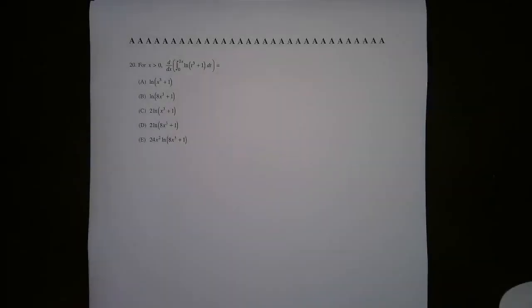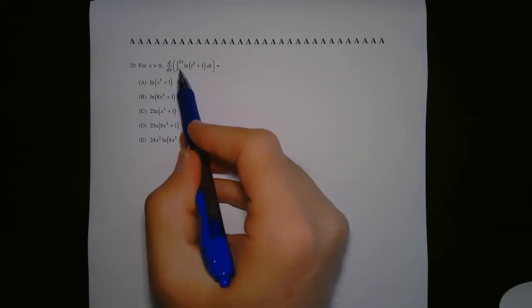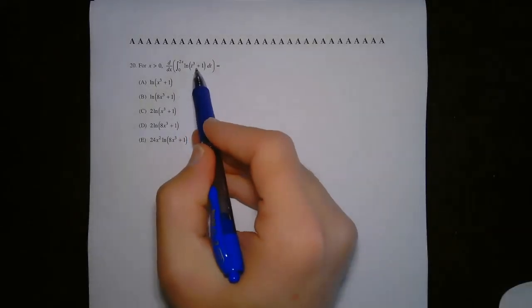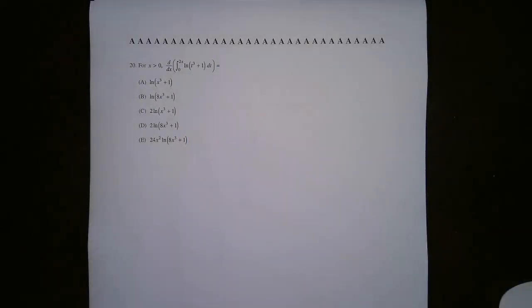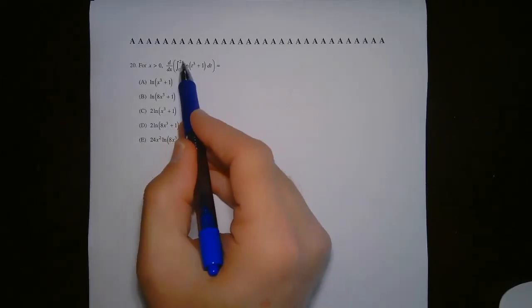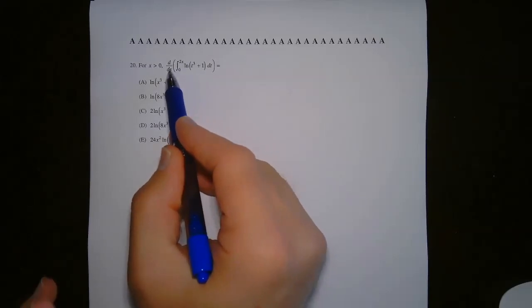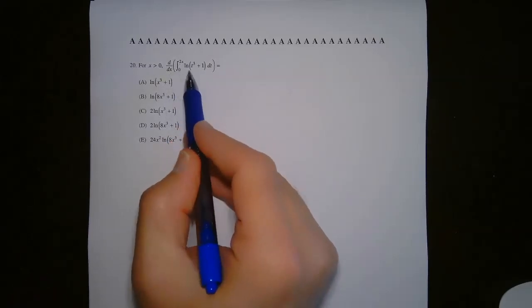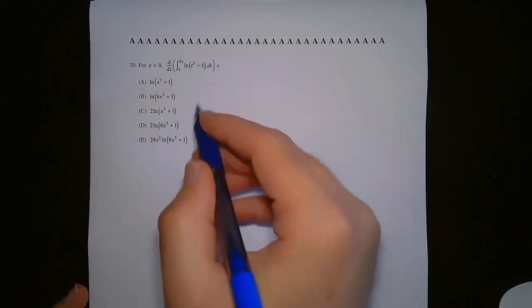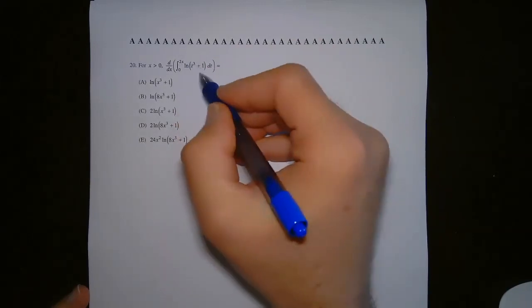For number 20, I'm asking you to find the derivative of the integral from 0 to 2x of the natural log of t cubed plus 1 dt. When you take the derivative of an integral, if the upper limit isn't just x, we have to apply the chain rule. You put the upper limit in for t, and then multiply by the derivative of it, because you're putting another function into this function.